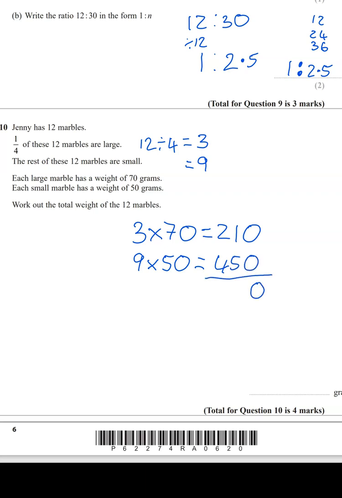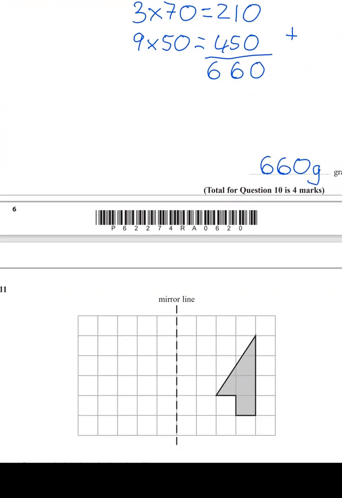Okay, and then we just need to add them together because we want the total weight, 660. And it should be grams, but actually grams is already on the answer line. So 660, you can put your G in if you want, but you're not going to get a mark for it on this question. Okay, so actually, once we've worked out a quarter of 12, that's just like a multiplying question.